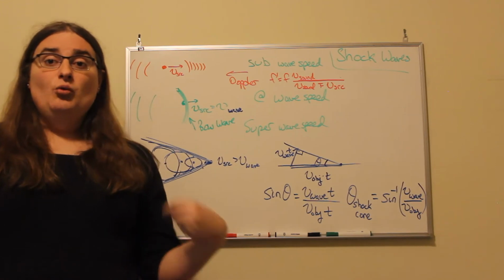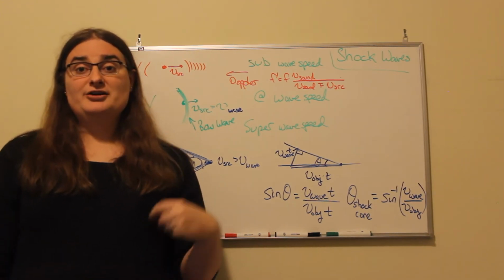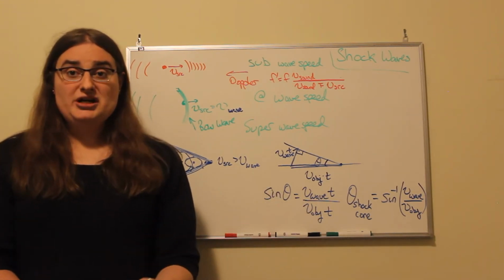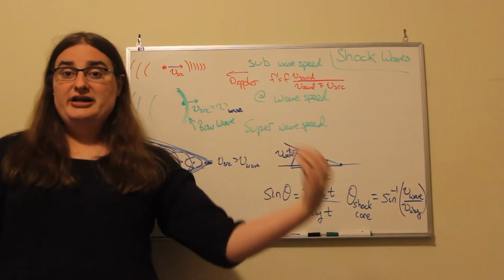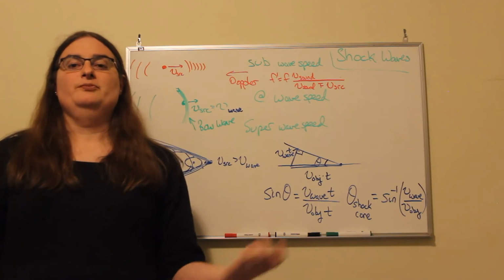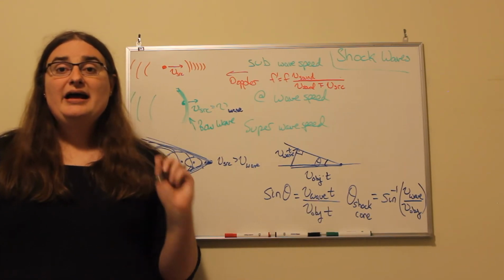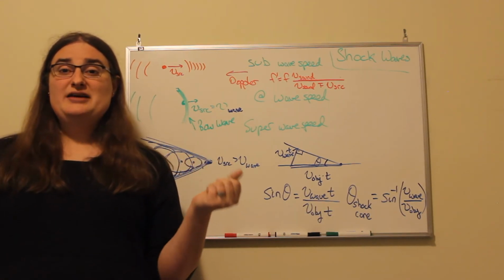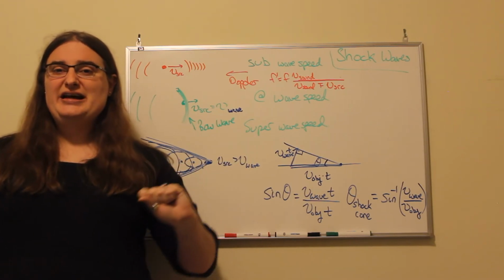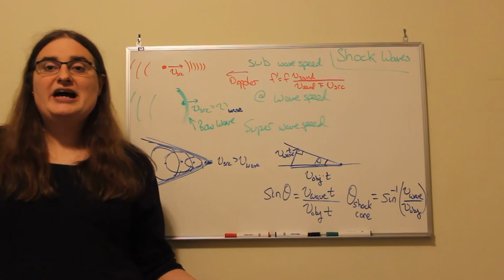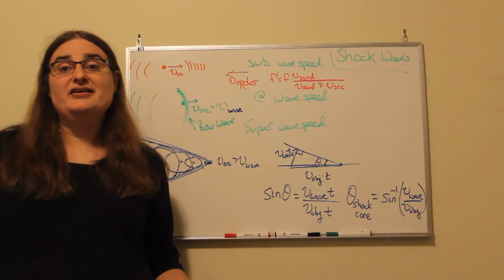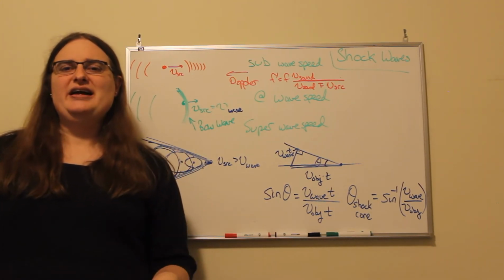Any object on the water traveling faster than the speed of water creates a wake. Any object moving through air faster than the speed of sound in air creates a sonic boom or a pressure shock. And any object traveling faster than the speed of light in a material, but slower than the speed of light in a vacuum, which we can't go faster than, creates a shock wave of light.